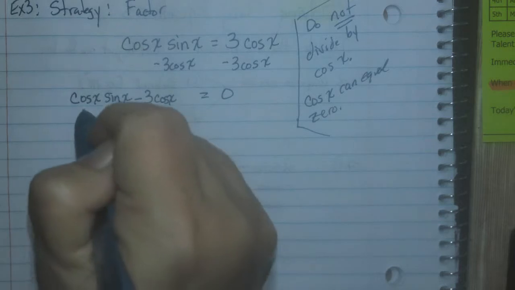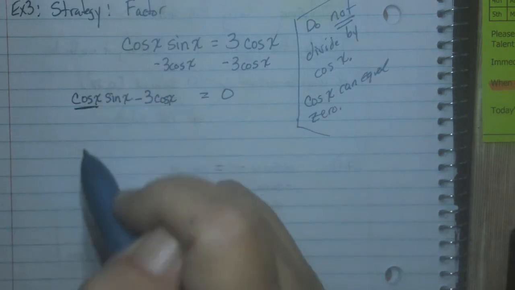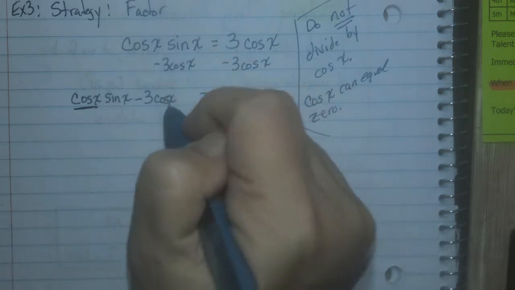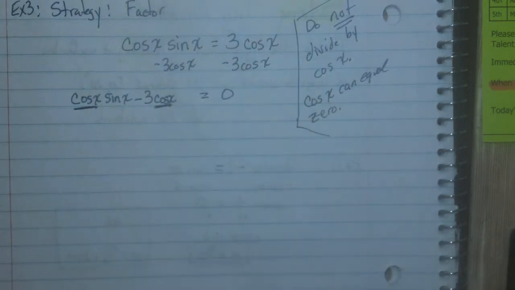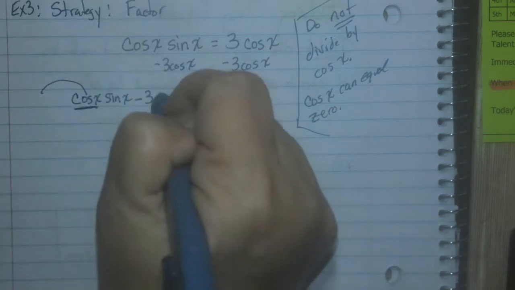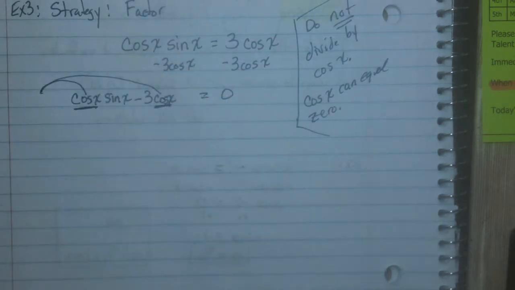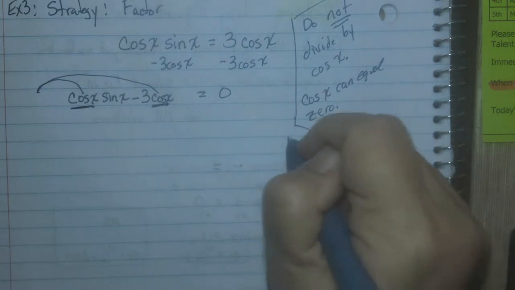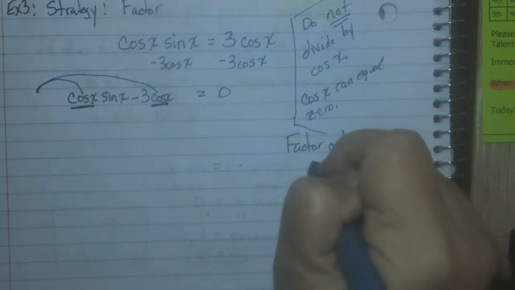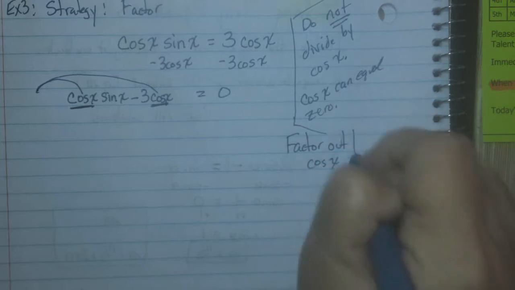And now I have a common factor. Right? There's a cosine x factor in my first term, and there's a cosine x factor in my second term, and so I'm going to factor out the common factor. Factor out cosine x.